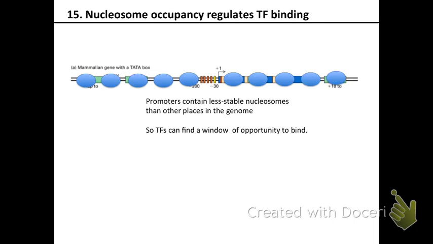Excellent. If you're mapping nucleosomes, you want an antibody that specifically binds to one of the histones, right? Because that's the protein you're going to map in the genome.